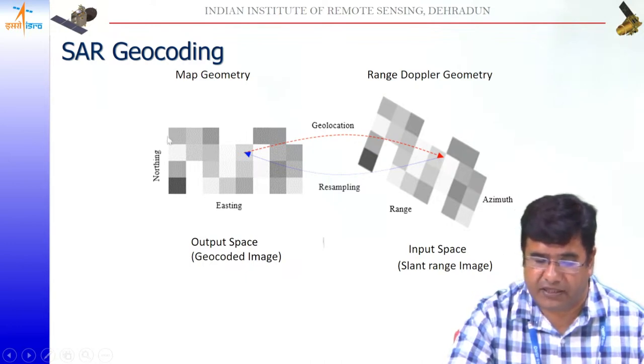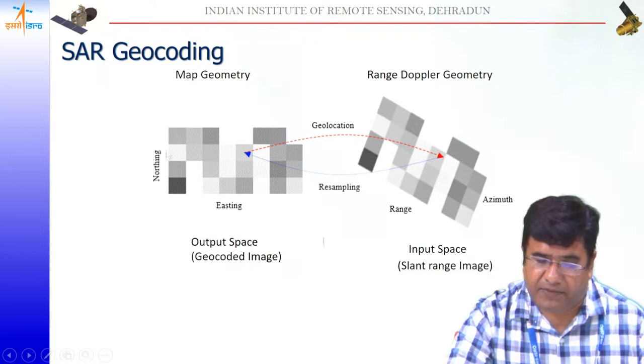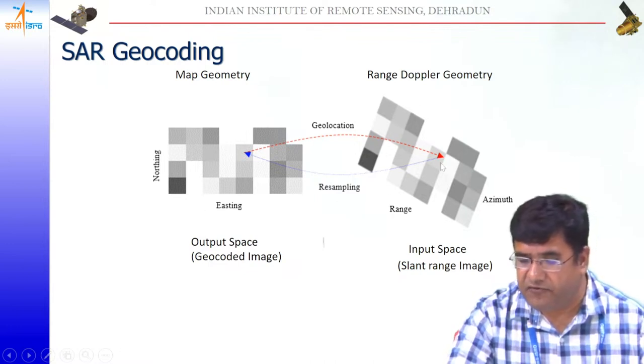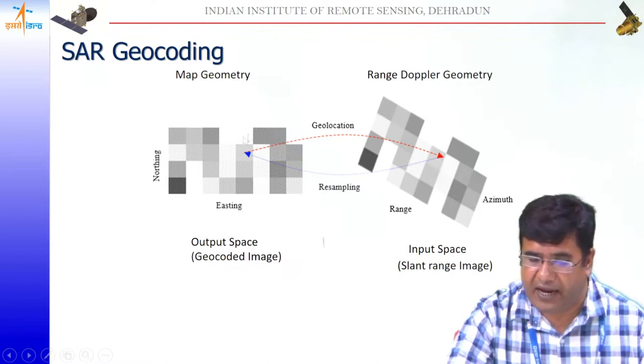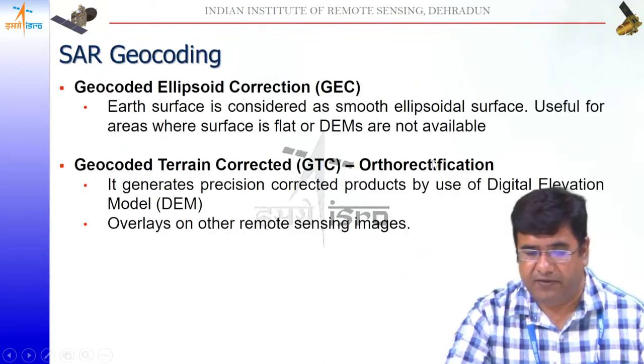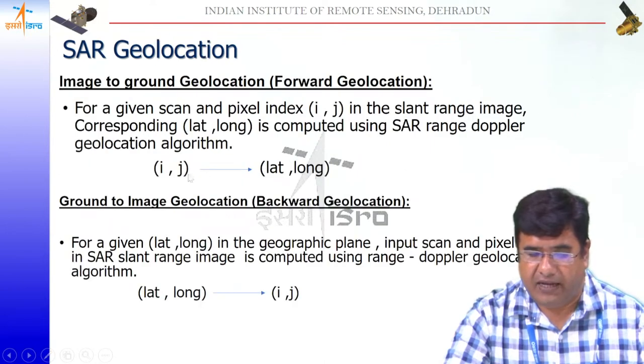The output is in the map geometry, meaning northing and easting, or it can be the latitude and longitude domain. That is the output space, and this is the sensor geometry. From the sensor geometry, from this ij, we have to go to the lat long geometry. This is done through geolocation. We know this mapping between ij and lat long.